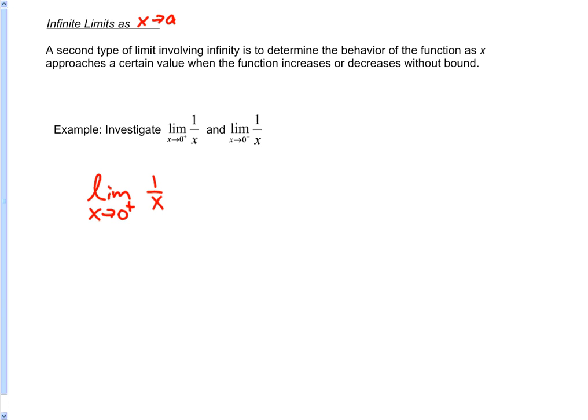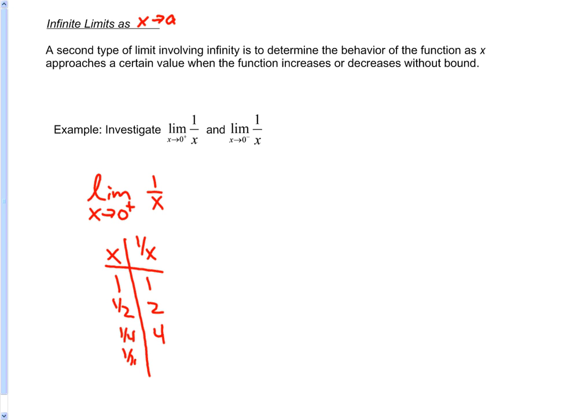Okay, for 1 over x, when we put in 1, we get 1. When we put in 1/2, 1 divided by a half is 2. When we put in a fourth, 1 divided by 1/4 is 4.